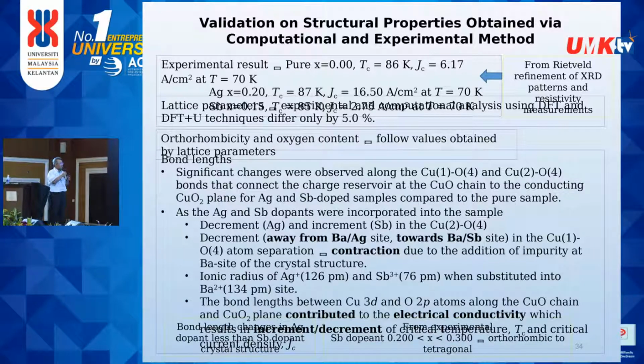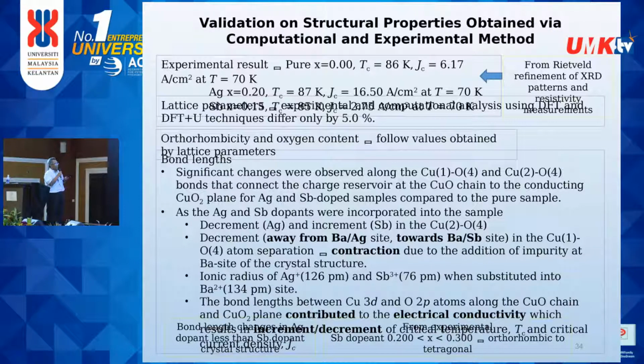And the bond length between copper 3d and oxygen 2p atom along the CuO chain and CuO2 plane contributed to the electrical conductivity, which results in increment or decrement of critical temperature Tc and critical current density. This one is the correlation between the electrical conductivity when we compare with the bond length.